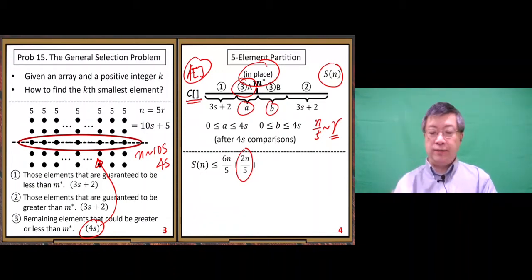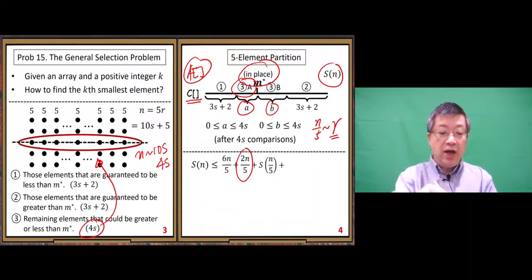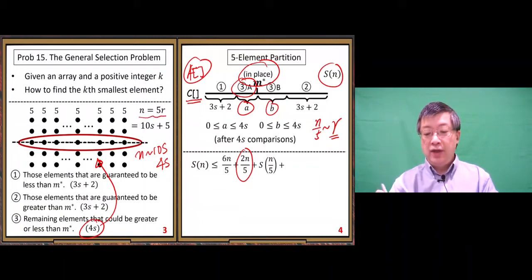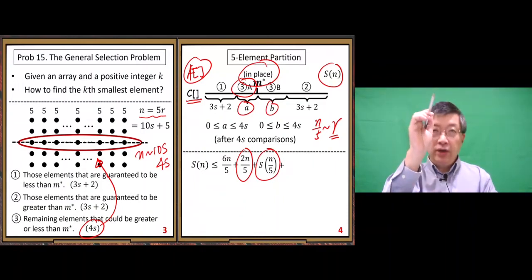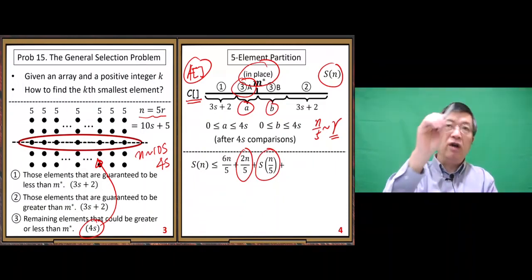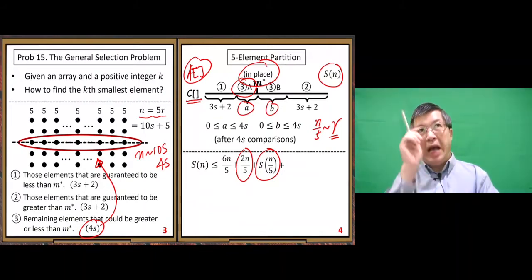So that's the second term. The third term, median of medians. The number of medians, R, is n over 5. So the cost is S of n over 5, the recursive call.